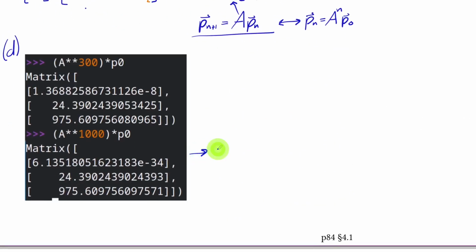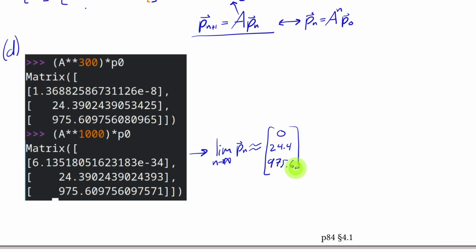So it seems like the limit as the number of days approaches infinity of P sub n is going to be approximately 0, 24.4, and 975.6.